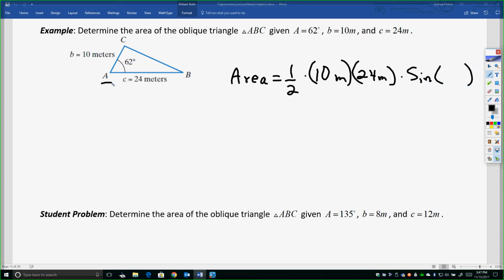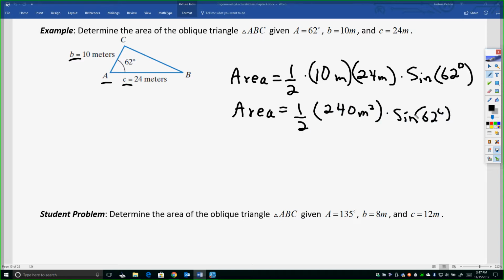So here I have A, B, C. So A is the angle, which is 62 degrees. So the area equals 1/2 times 240 meters squared times sine of 62 degrees. So the area equals 120 meters squared times sine of 62 degrees.